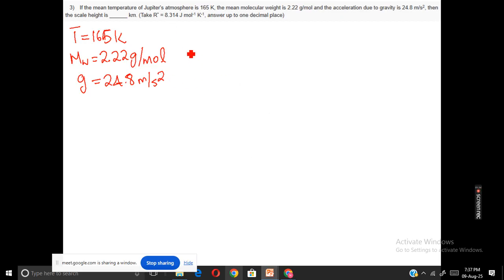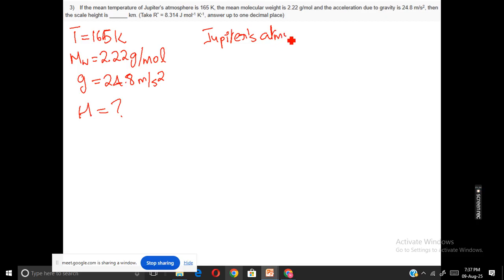So I'm telling you the question. If the mean temperature of Jupiter is 165 Kelvin, the molecular weight is 2.22 gram per mole, and the acceleration due to gravity is 24.8, then what is the scale height of the atmosphere? They have given the parameters of Jupiter's atmosphere.